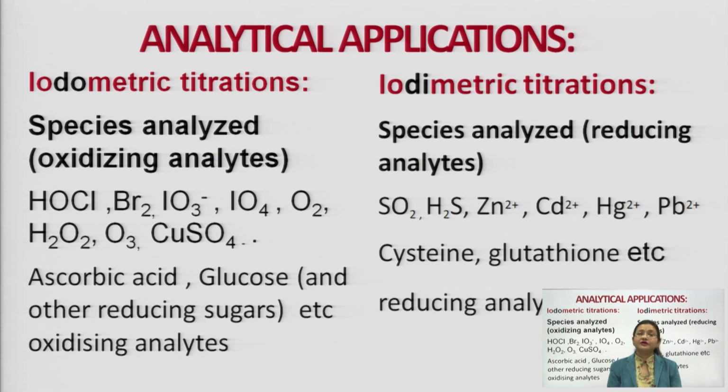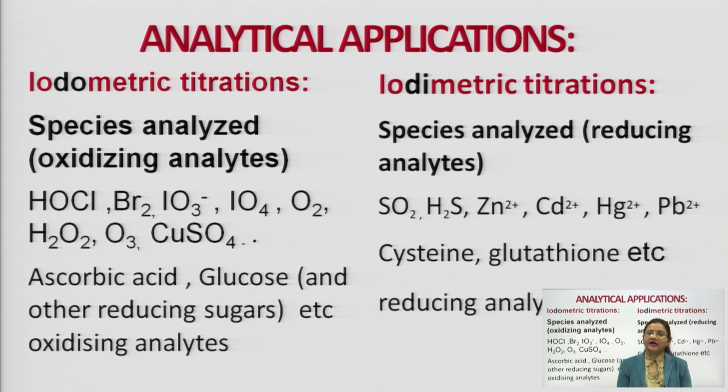So a powerful reducing capacity will be required to convert all the iodine into iodide ion. So that's why for iodimetry, the type of analytes which are required is powerful reducing agent, because they reduce free iodine solution into iodide, and at the end point the excess iodine from the burette will give blue color with the starch in the reaction mixture.